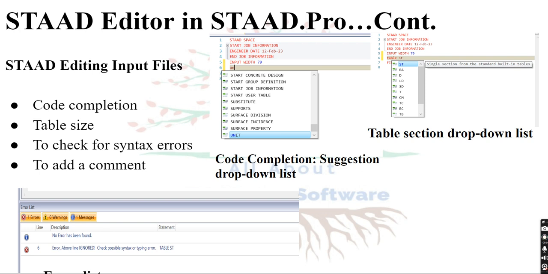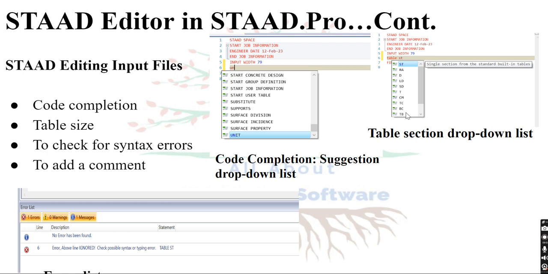You can continue typing to narrow the list, or use your mouse to select one of the shapes for that table. Which means if I type table, it will show STAAD, which means a single section from the standard built-in tables. Whichever type of table you want, it will show as a drop-down list.